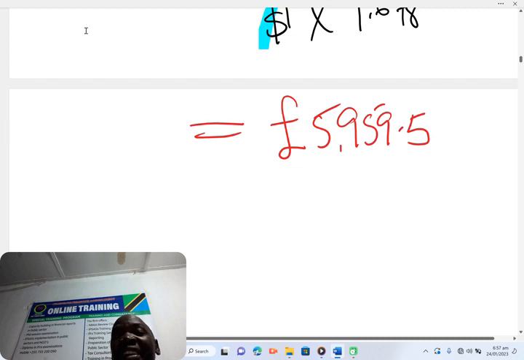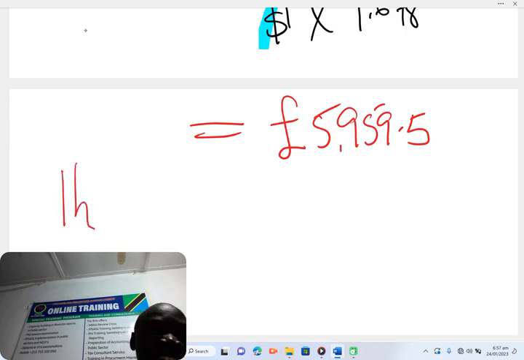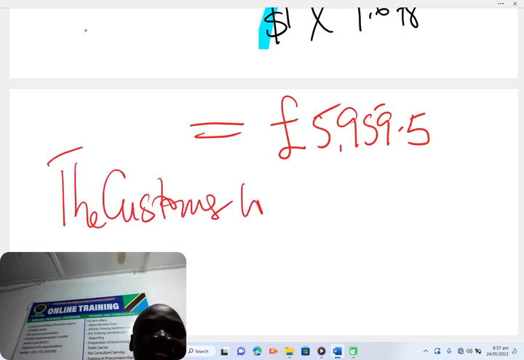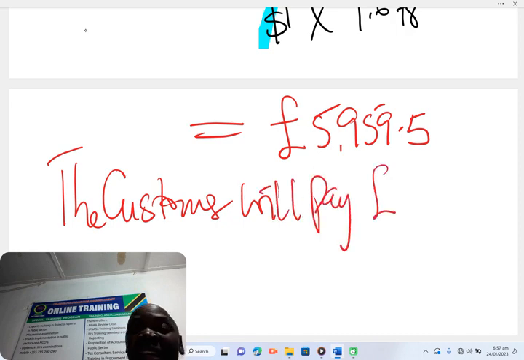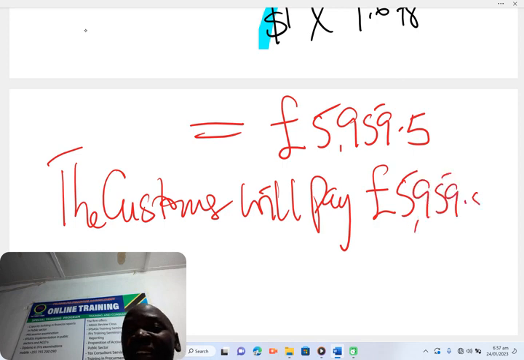Now you have to write. What's happening? Here, a customer is buying, isn't it? So you have to write that the customer will pay pound 595.95.